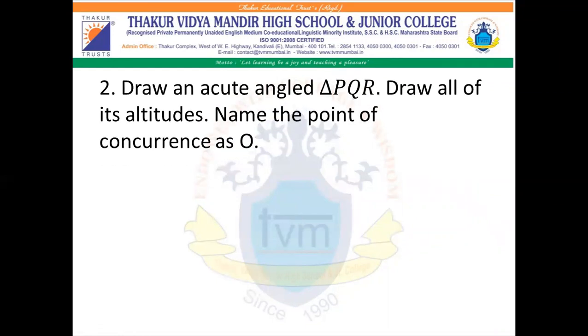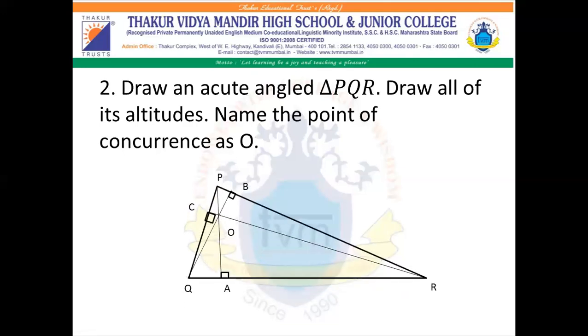Question number 2. Draw an acute angle triangle PQR. Draw all of its altitudes. Name the point of concurrence as O. A triangle in which all the angles are less than 90 degree is called an acute angle triangle.